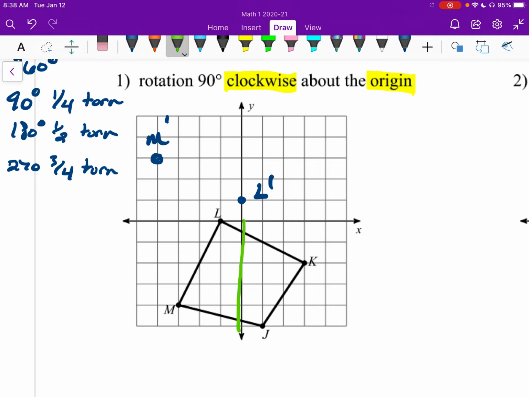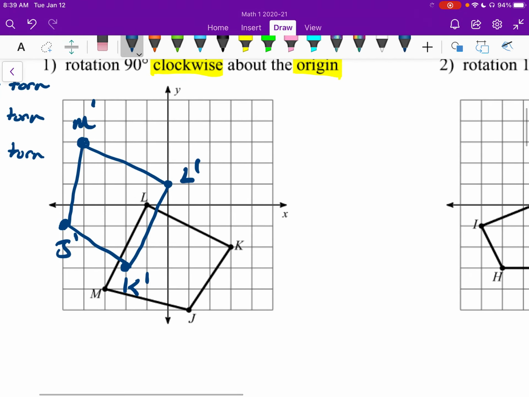It's down 5 and then right 1. So I'm going to go over 5 and down 1. And then for K, I'm going to go over 3 and down 2. So whenever I rotate that L, it's going to go down 3 and left 2. And now I connect my dots. All right, there we are.